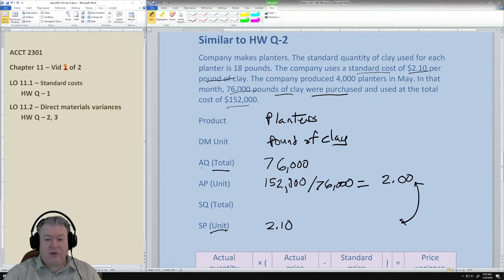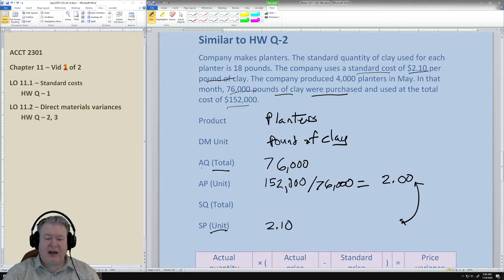Okay, that's reasonably close. In other words, it's something that we would compare. We wouldn't compare $2 versus $152,000. And I see that quite a lot on tests, is that people don't take the extra moment to make sure they've got the right number. So there's not many numbers here, but they don't give you all the numbers. They give you two, and you have to calculate two in this particular problem.